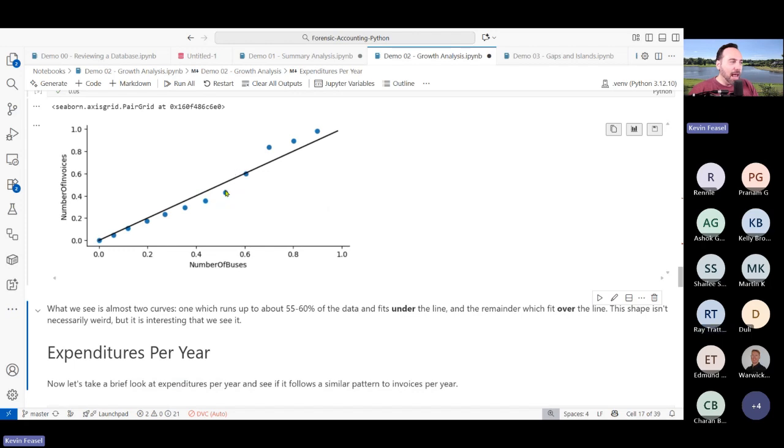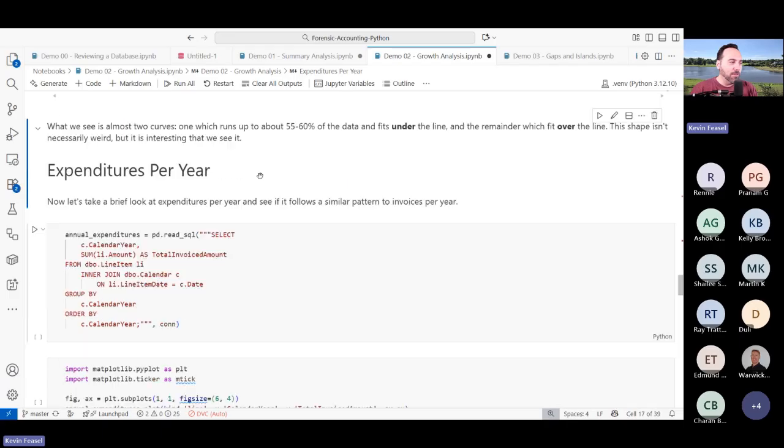Then there's this big jump right here. Below that point, we're below our identity line. Above that point, we are above the identity line. That's another way of rephrasing what we've been seeing, that there might be something of interest going on here.